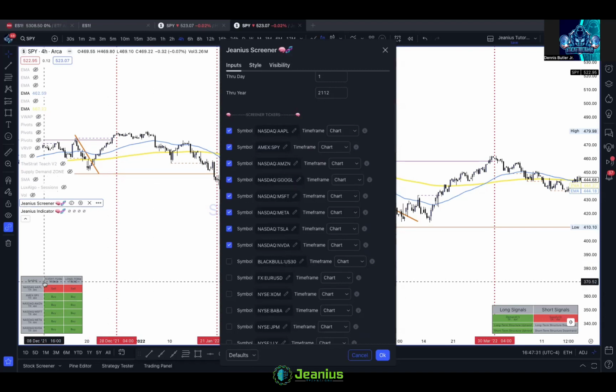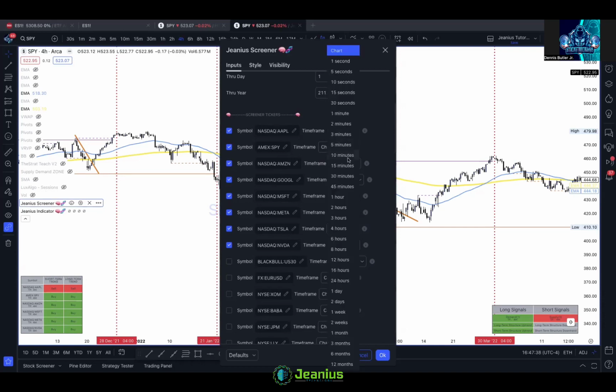Because let's say that one chart is in an uptrend and one chart is in a downtrend on that specific chart itself. So let's say Apple's overall trend right now is trending down, which it is, kind of bearish right now. And let's say that SPY is up.